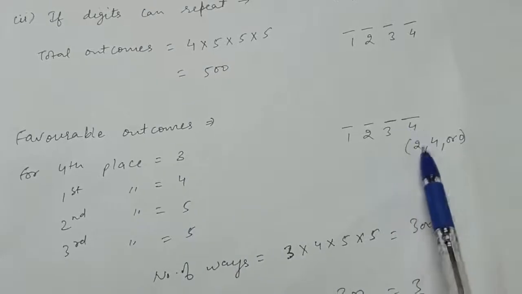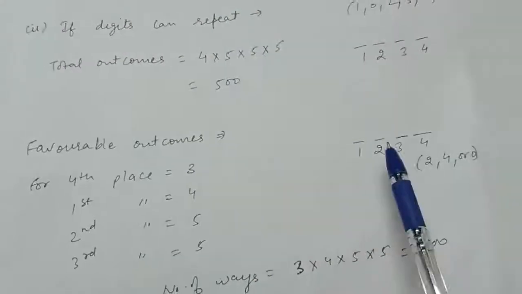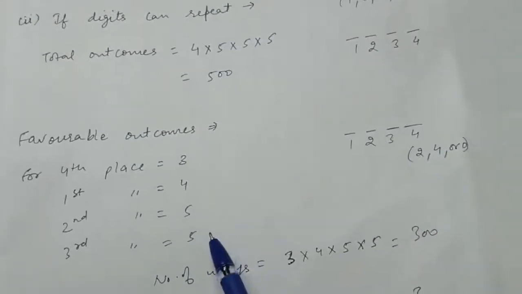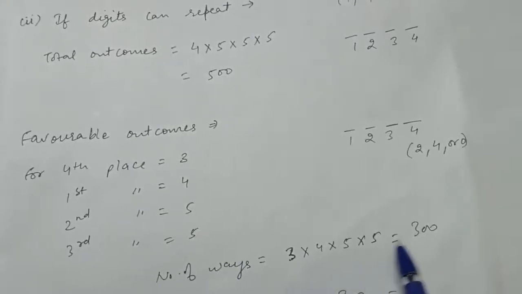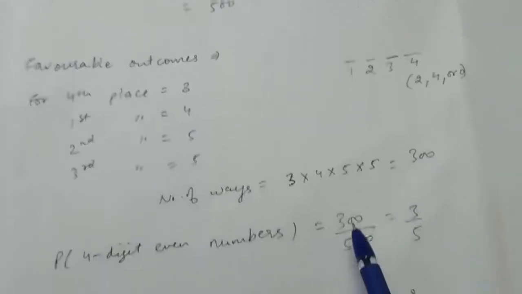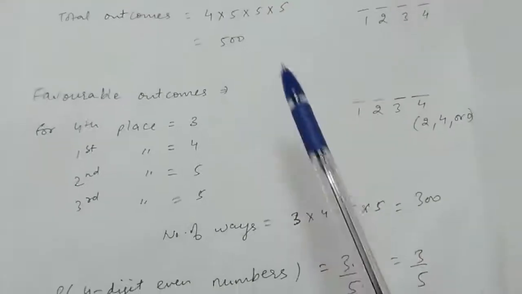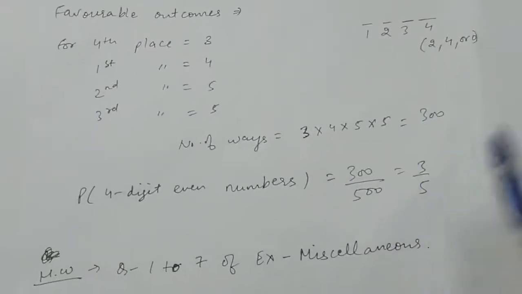So for the fourth place 3 options, for the first 4 options, and because digits can repeat, for the second and third place all the 5 options, right? So the number of ways will be 3 into 4 into 5 into 5, that is 300. Therefore probability will be 300 upon total outcomes. So the answer will be 3 by 5, right?